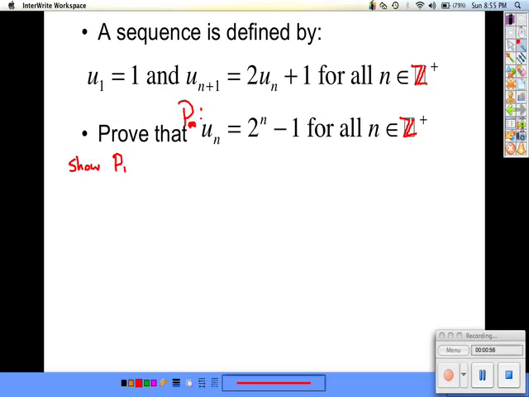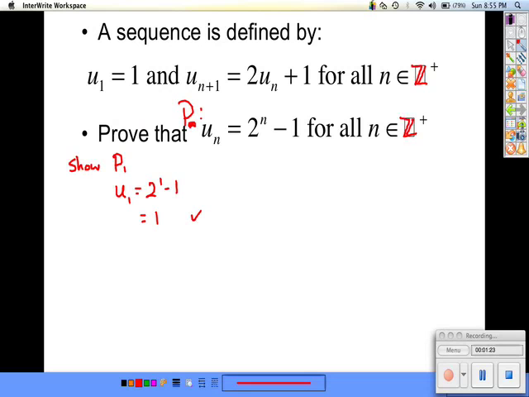So we're going to check this out in our proposition. U sub 1 equals 2 to the first minus 1. That's equal to 1. And we were given that u1 was equal to 1, so P1 works.